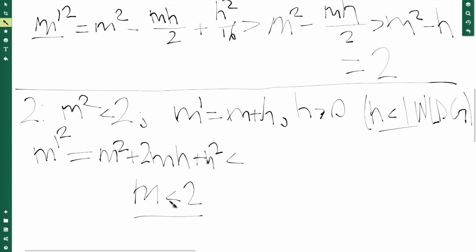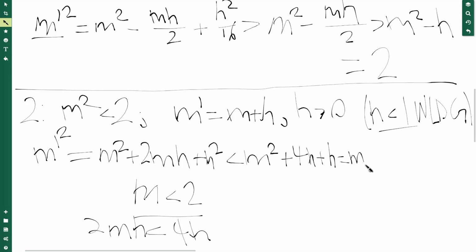And again, using this fact, we have that 2mh is less than 4h. So using all of that, this is less than m squared plus 4h plus h, which equals m squared plus 5h.